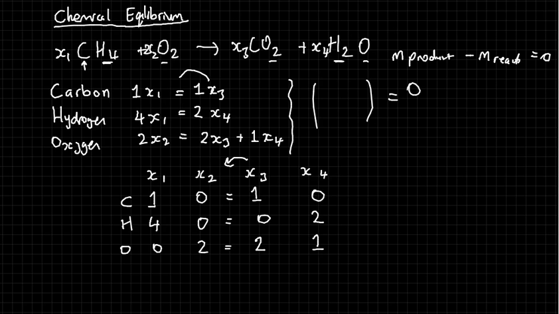Now the next thing I have to do is move these over to this side so that I can equate this equation with 0. So basically what I'm doing here is just shifting these values over. If I was to shift this over, I'd have 1x1 minus 1x3, and that would equal 0.